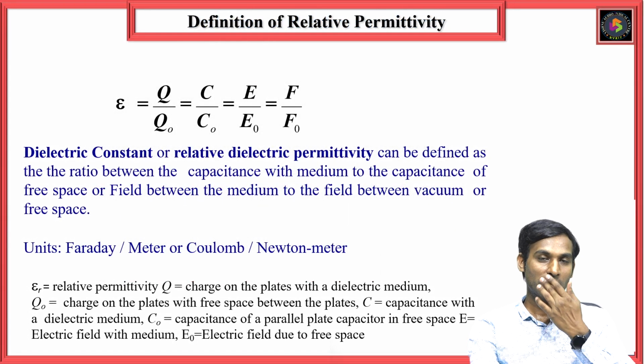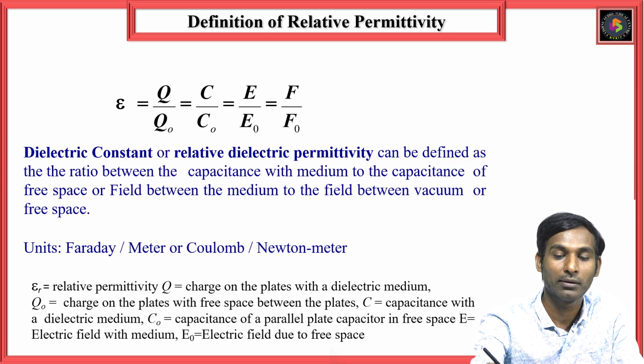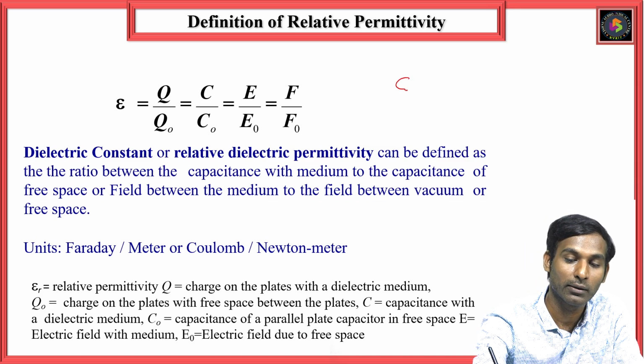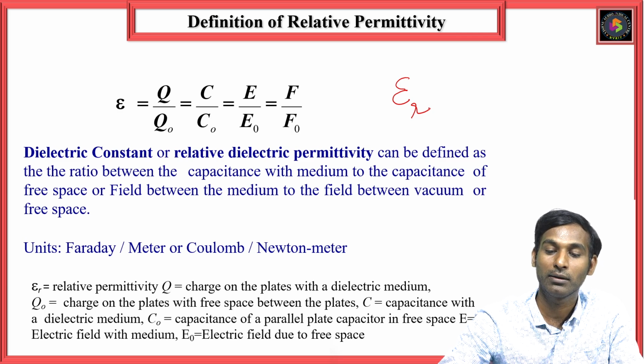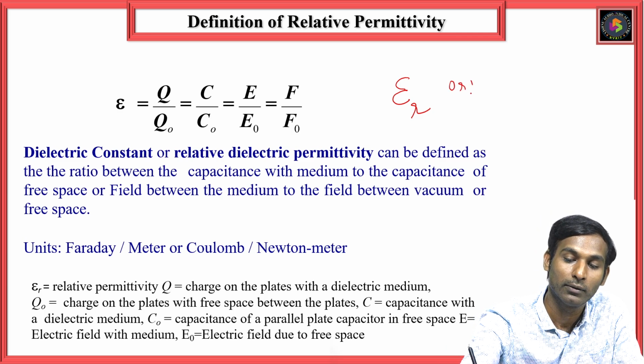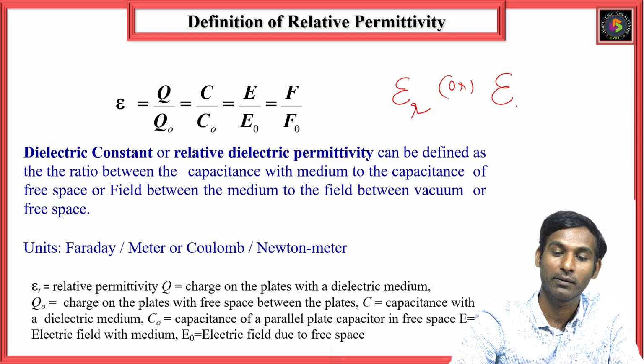Coming to the definition of relative permittivity, it is denoted by epsilon R. This is the relative permittivity, or dielectric permittivity.